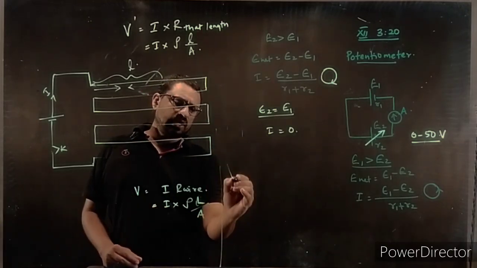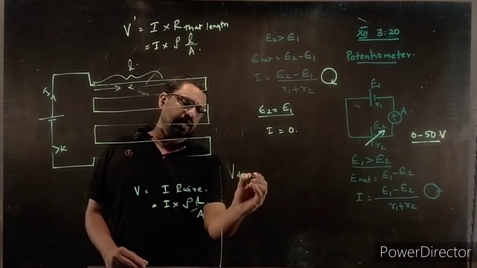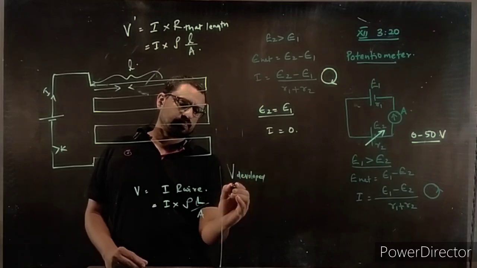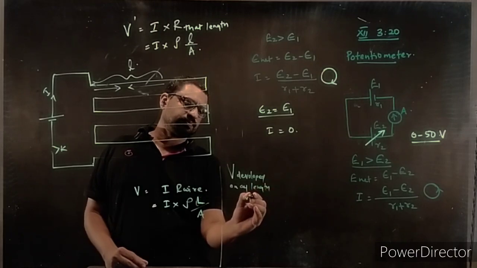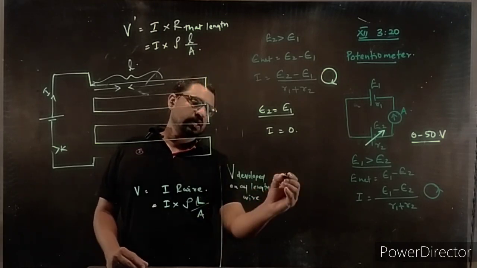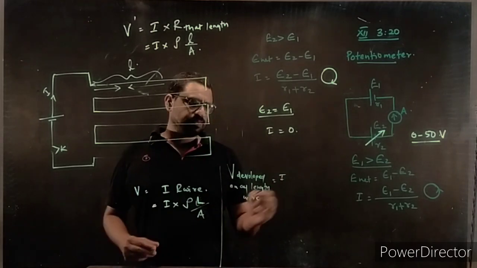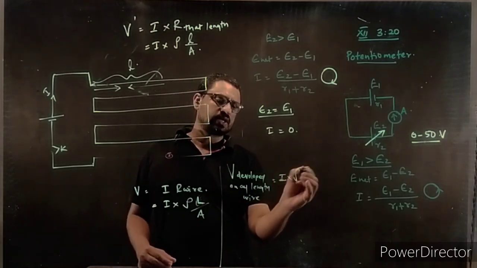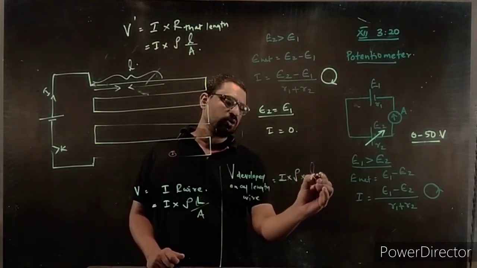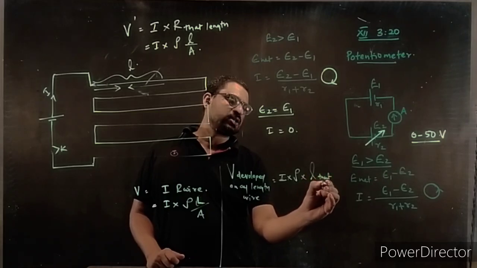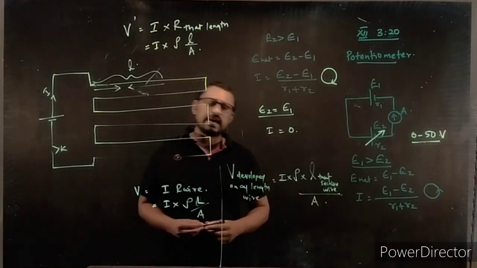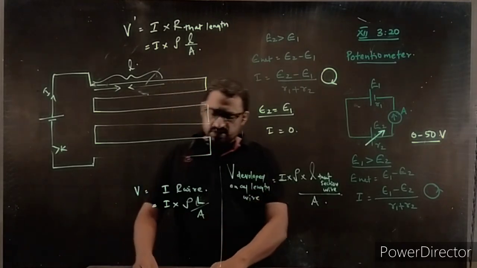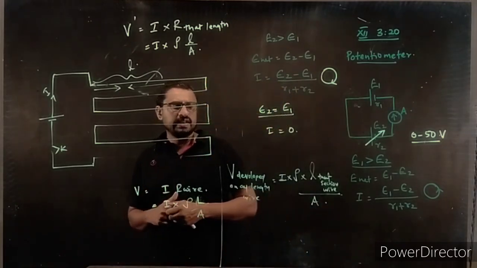The voltage developed across any length of wire is equal to, see, the current you have to make constant. You have to fix how much current is flowing, times rho into the length of that section of wire, divided by area. And the area is a fixed value.